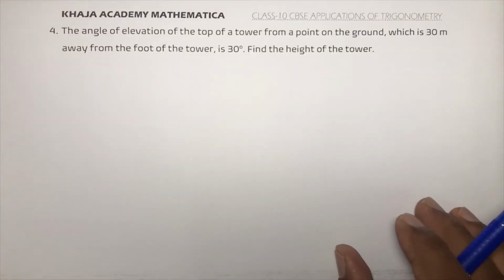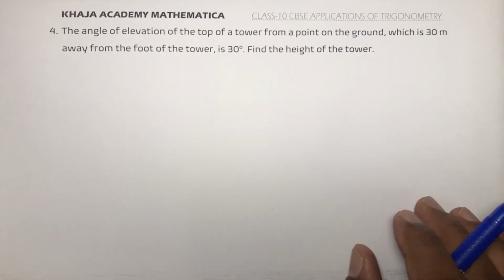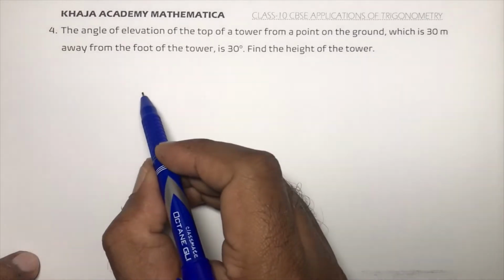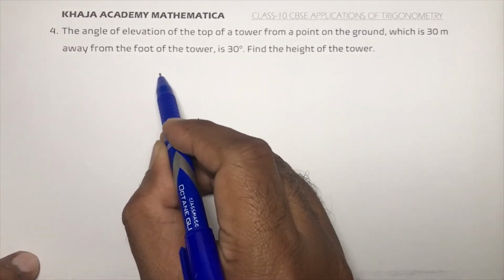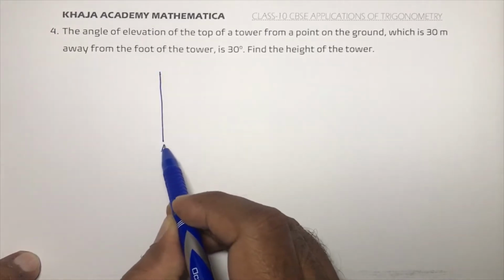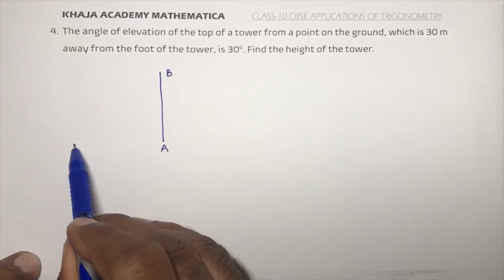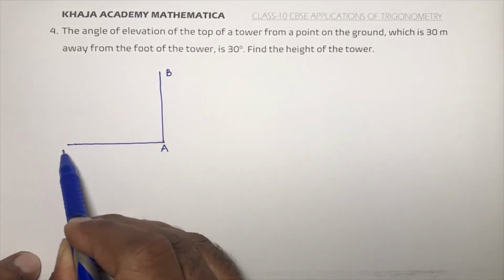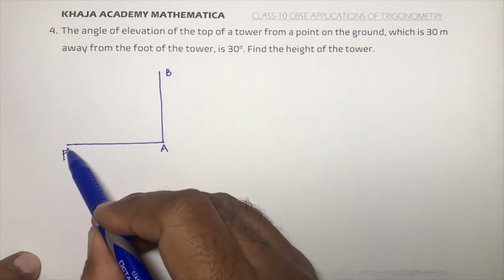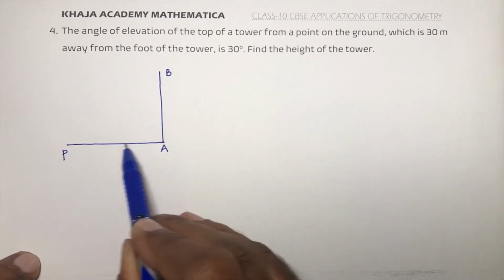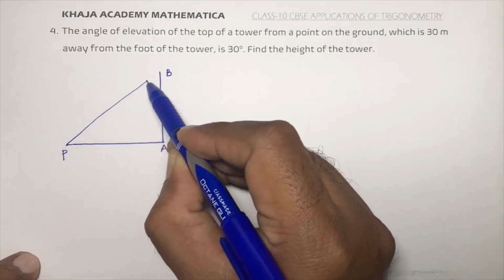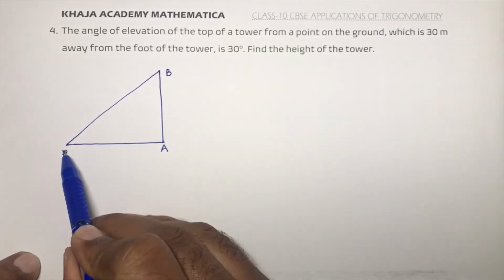The angle of elevation of the top of a tower from a point on the ground, which is 30 meters away from the foot of the tower, is 30 degrees. Find the height of the tower. So here the angle of elevation of the top of a tower. If we take the tower AB from a point on the ground, from a point P, angle of elevation is nothing but the angle between the horizontal surface and line of sight when the object is above the point of observation.